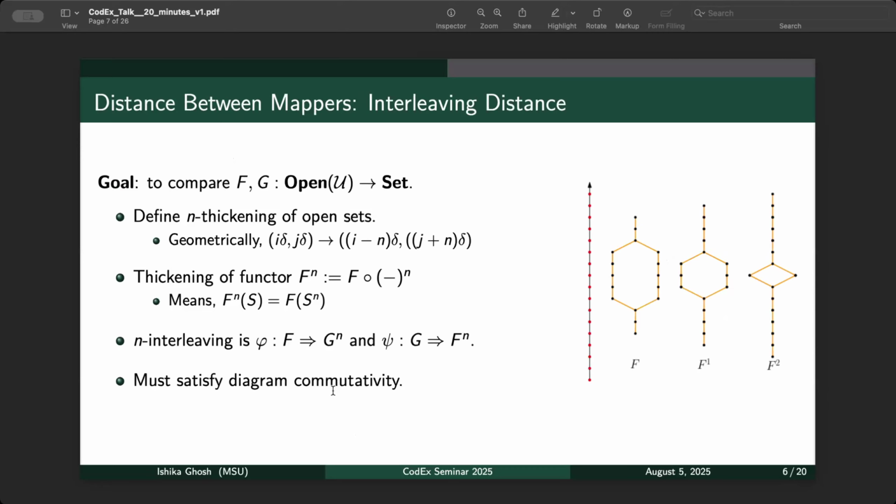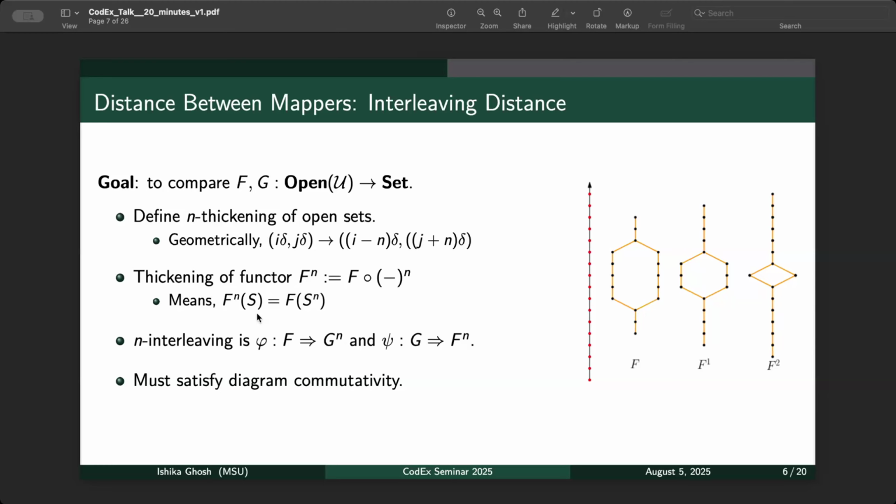Before we talk about what interleaving distance is, we have to talk about what a thickening is. For an interval, an n thickening means that if you look at one interval, we look at an interval n times bigger, on both sides. We essentially look at bigger and bigger intervals. It's a functor, and you can compose it with the mapper functor that I have.